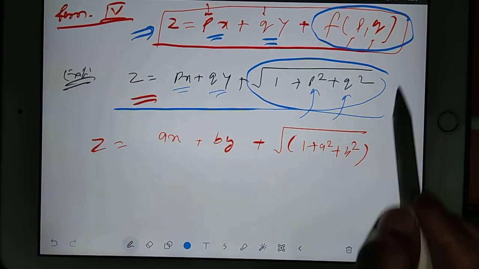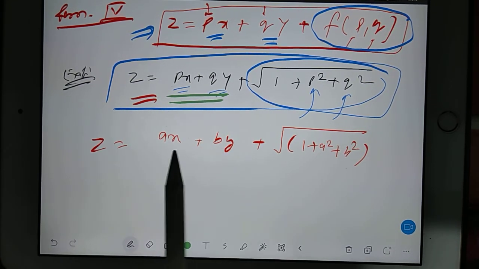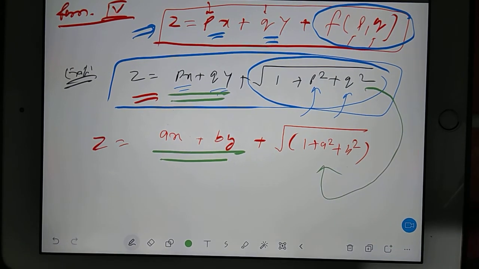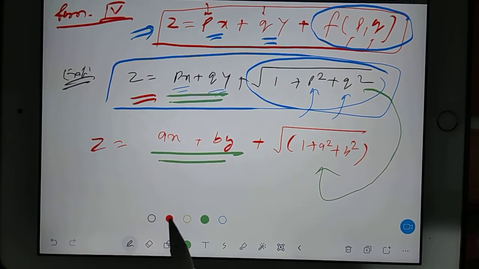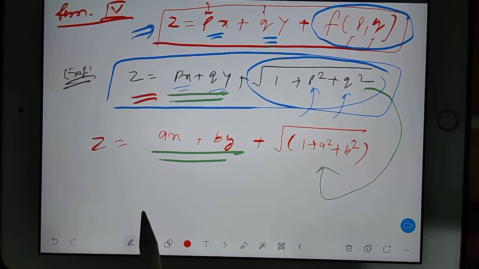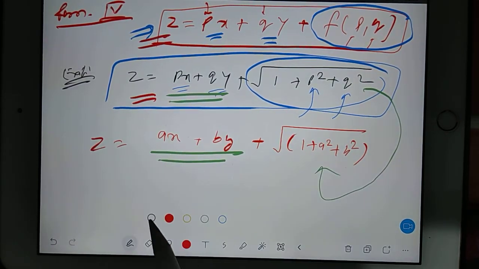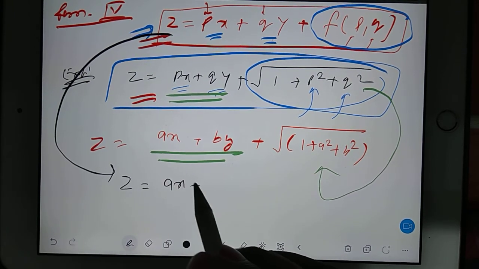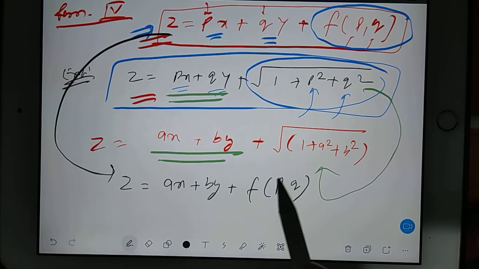So this kind of question is there. For these two, we are getting this solution. For this extra part, you add here as it is. So when you have form 4 of this kind of format, your solution is always given as ax plus by plus the function of pq.